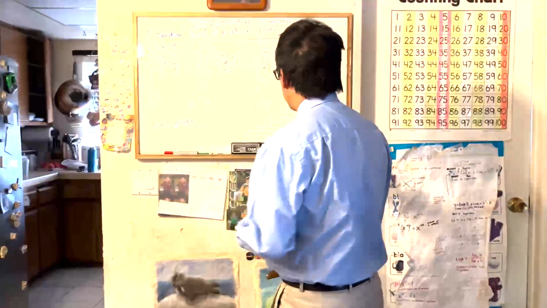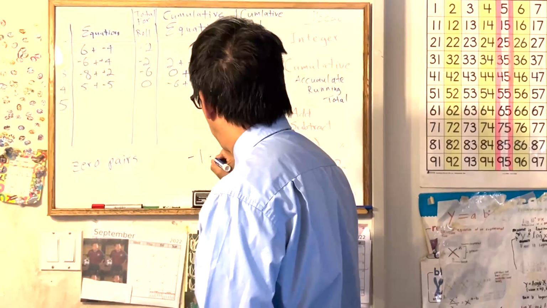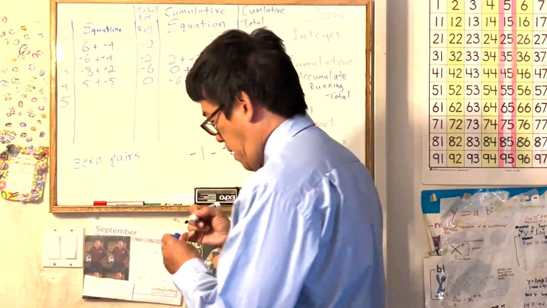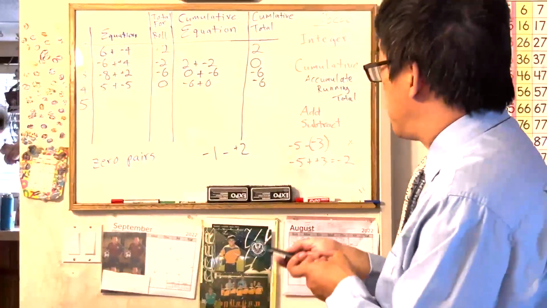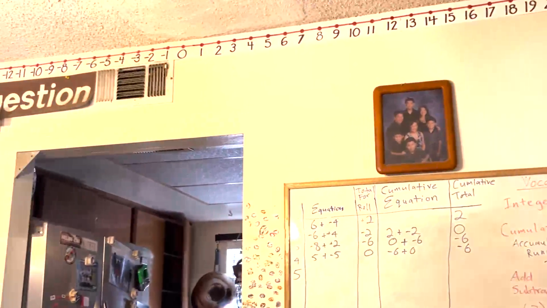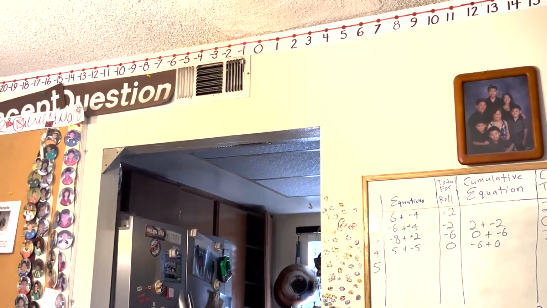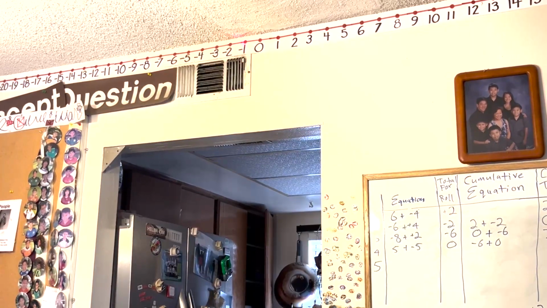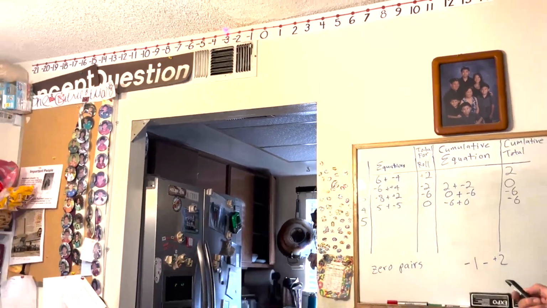So what's the equation? -1 minus +2. Okay. We could do it that way, or we could do the number line. We start at -1, and we take away 2 positives. So do we go right or left? Left. And we get -3. Same answer? Yes. Good.